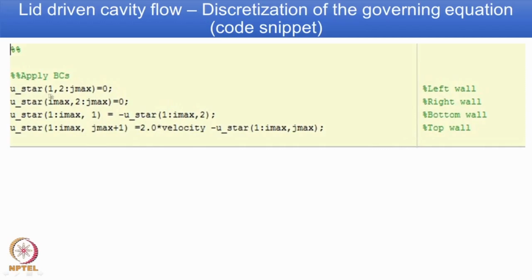So, u star 1 comma 2 to j max in the j direction equal to 0 is for enforcing the boundary condition on the left wall. Similarly, the next line, u star I max comma 2 to j max in the j direction equal to 0, imposes the boundary condition on the right wall, and similarly for the bottom wall as well as the top wall.